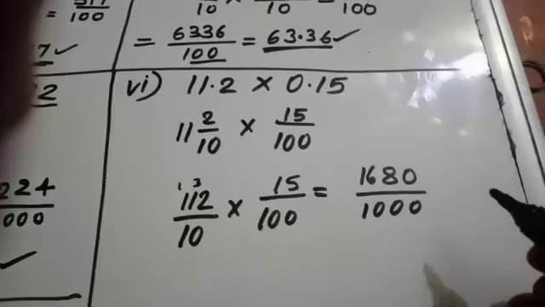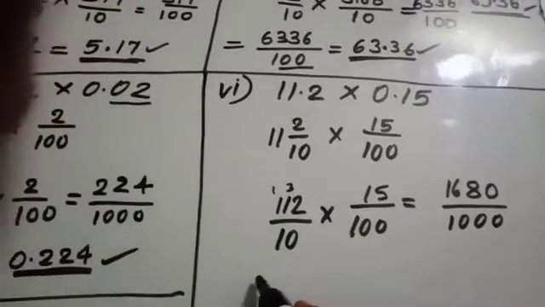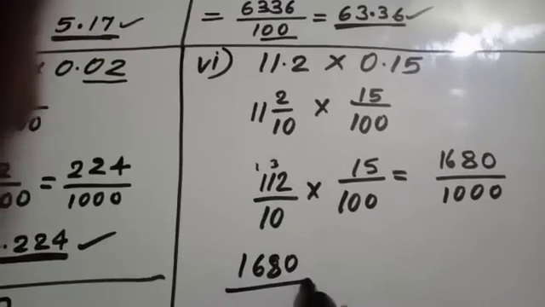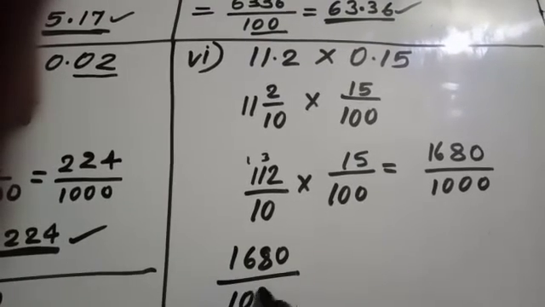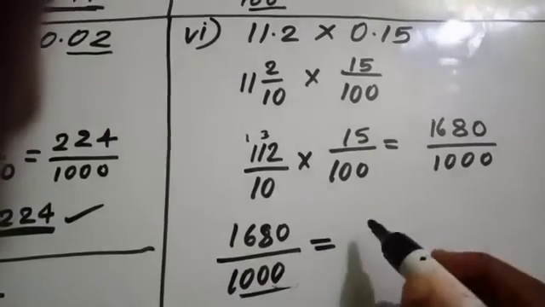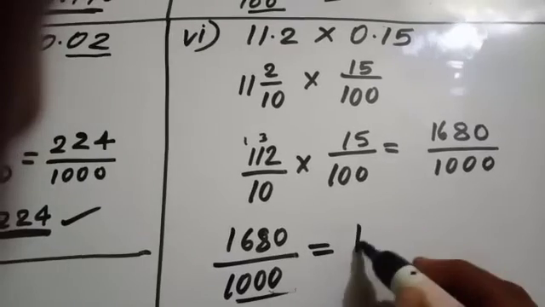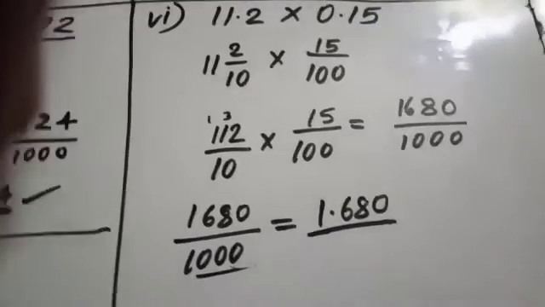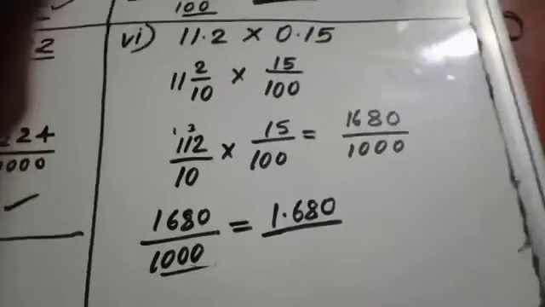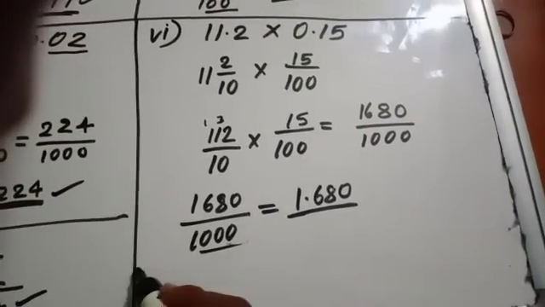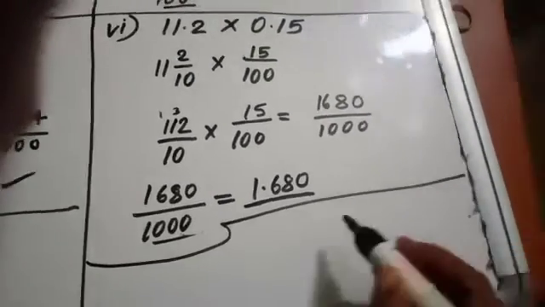So you have got 1680 upon 1000. That can be written in the form of a decimal. As we know there are 3 zeros, you have to leave 3 places and put the decimal point. So you are getting 1.680.